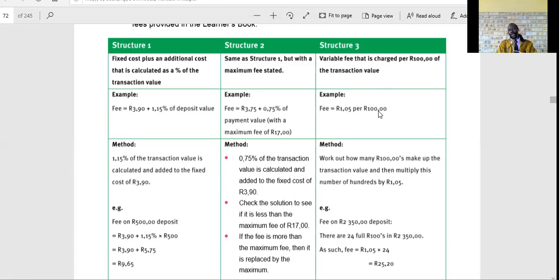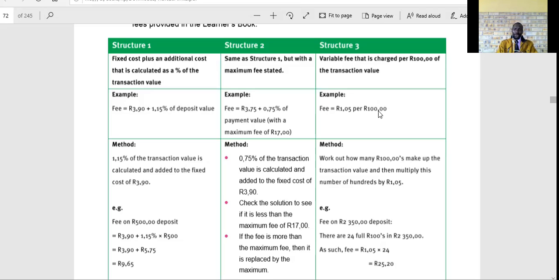So if you do a transaction of 200, then you have to divide 200 by 100 so that you get the number of times 100 is into 200. If you do a deal of 50,000, then you have to multiply 1.05 times that money, like the 50,000 divided by 100.